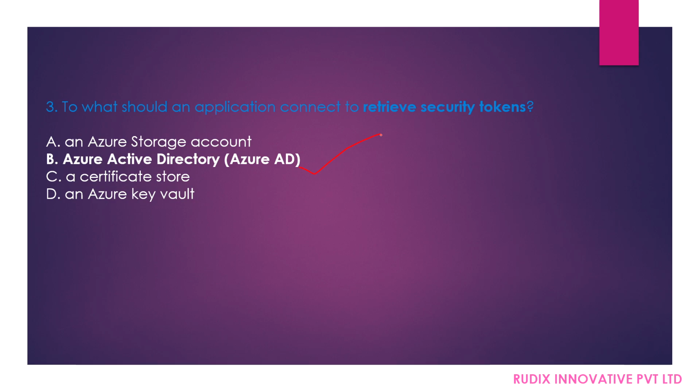Key Vault is a service for securely storing and managing cryptographic keys, secrets and certificates, but it does not issue security tokens for authentication purposes. To retrieve security tokens, Azure Active Directory is the correct answer.